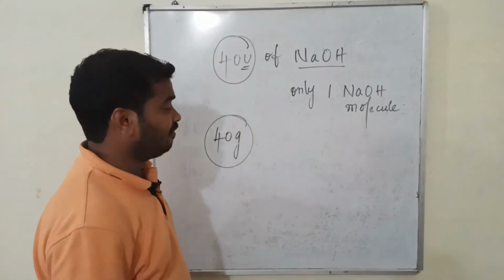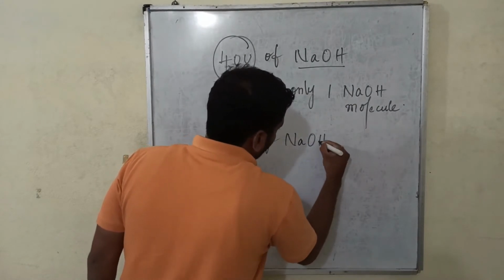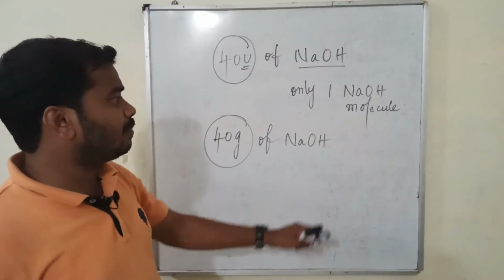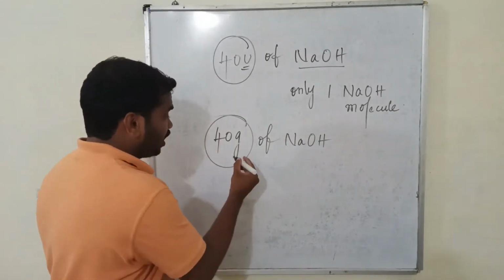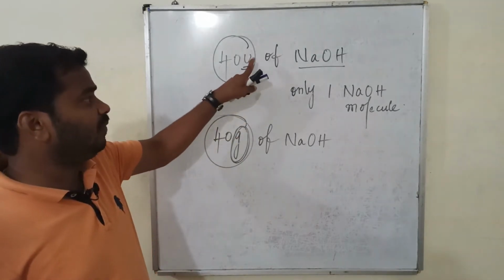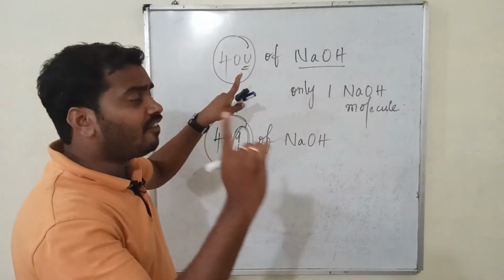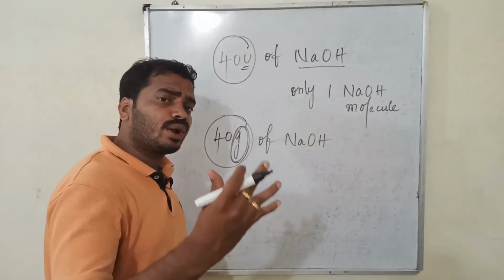If you consider 40 grams of NaOH, I am changing the unit. Previously I have considered unified mass units. Now I am going to consider in terms of grams.